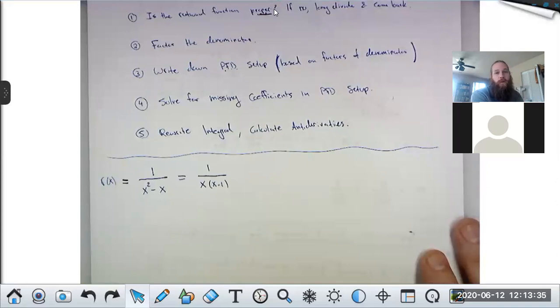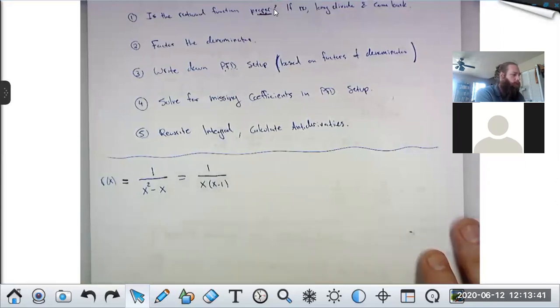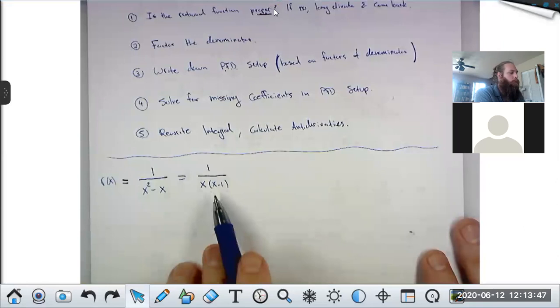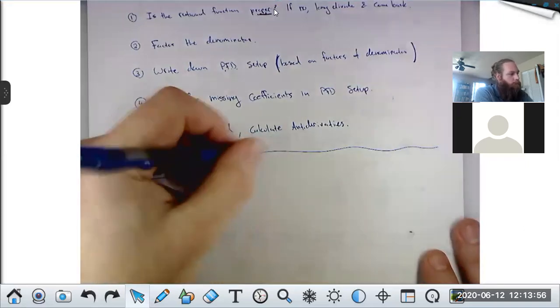Functions can be vectors in the right vector space. Polynomials can also be vectors, rational functions can also be vectors. And in the vector space of rational functions, we learned that any proper rational function can be written as a linear combination of simpler rational functions like this.